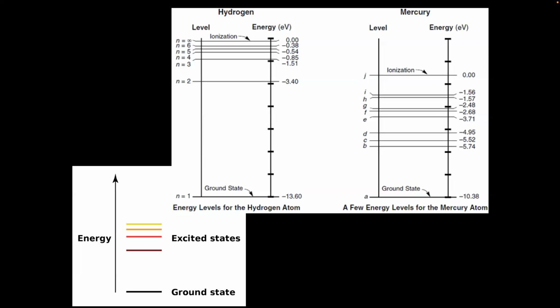Only certain energies of light can excite or be emitted by an atom. This is how we illustrate these energy levels. We have excited states and a ground state. Here we have energy levels of hydrogen. We have the ground state, and then it takes an energy to get up to the second energy level, and then more and more as you go up.